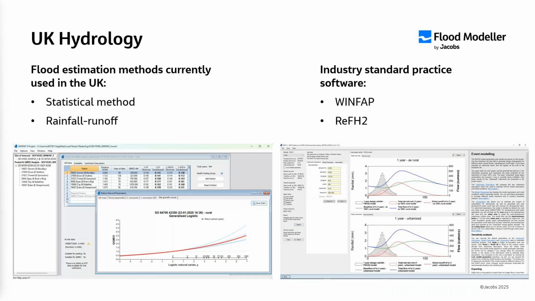These solutions have received approval from the Environment Agency, the Scottish Environment Protection Agency, Natural Resources Wales, and the Department for Infrastructure Northern Ireland. The statistical analysis approach outputs peak flow estimates, while the rainfall runoff generates a hydrograph, so a time series. Consequently, these methods are often combined to take advantage of each other's strengths.